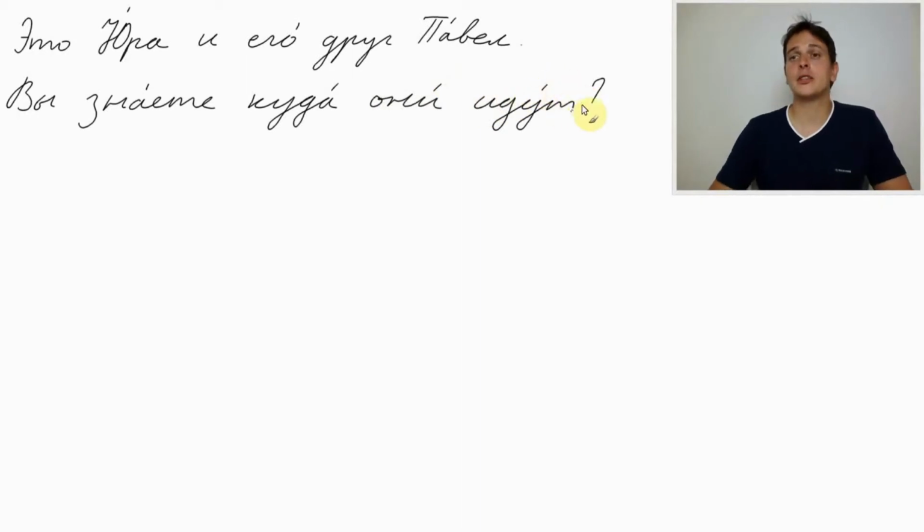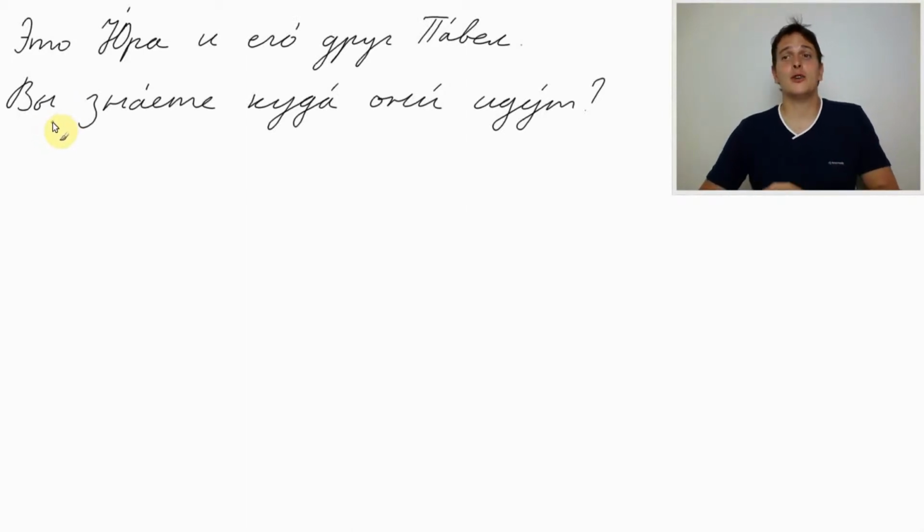I'm exaggerating a little bit now, but for you, listen to me. Вы знаете, куда они идут. So this is the right and correct way of pronunciation. Вы is you. I'm addressing you in the polite form because I'm assuming that my audience is more than one person, so I'm addressing you in the plural. But if we would like to address somebody politely, a person older than us or someone we don't know, then we would also use the polite form of you.